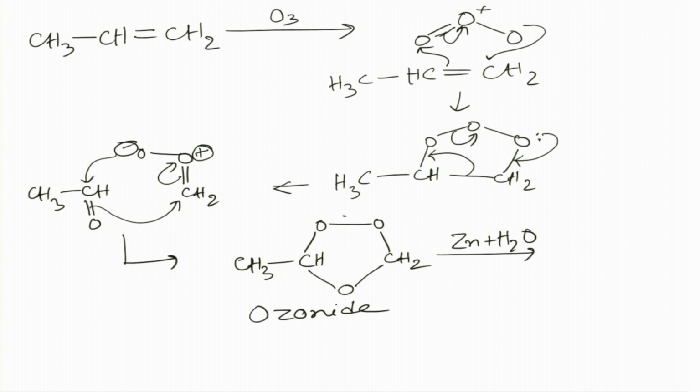So, we can say the cleavage is something like this. The bond breaks like this. In this case, each carbon which had the double bond between them had the double bonds.